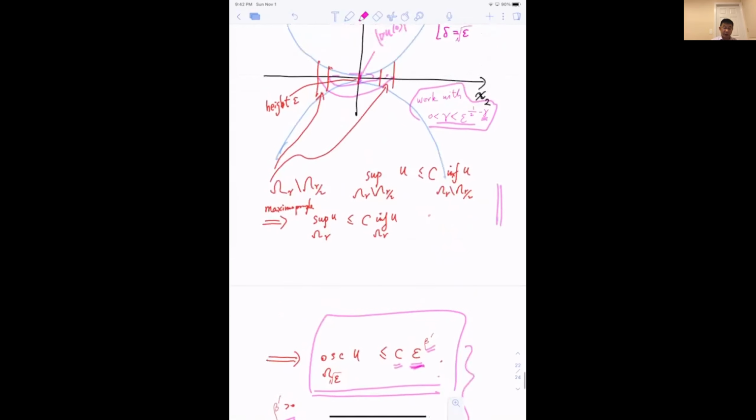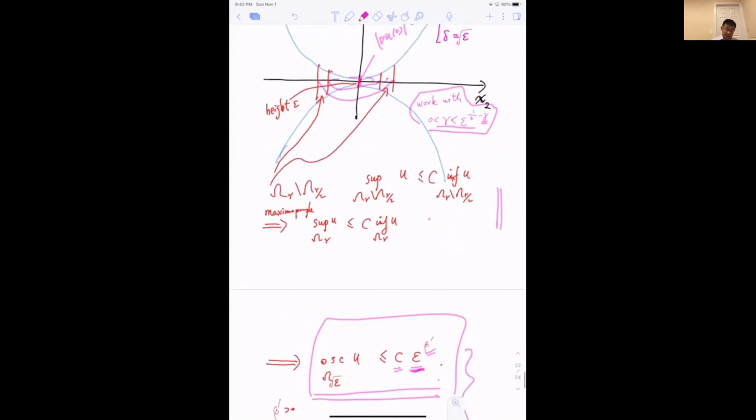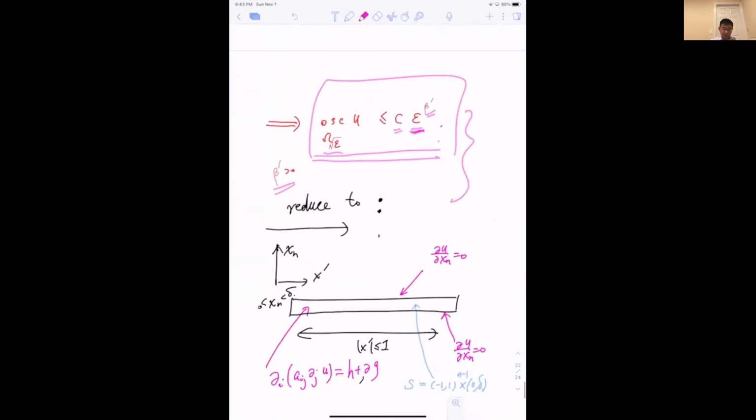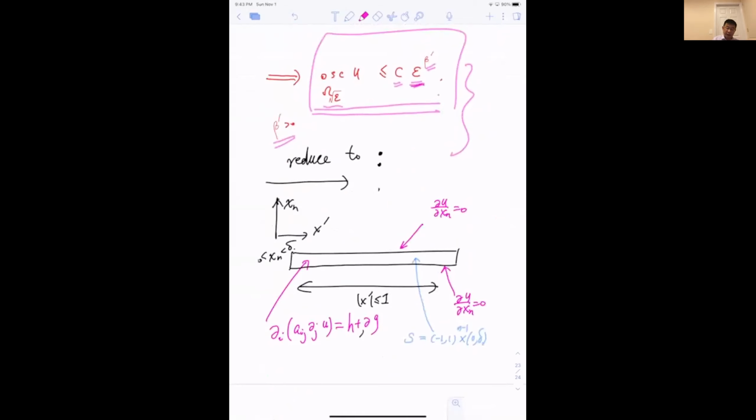We make a transformation to a shell like that, where x prime is of size 1 and the height is some delta. I think for this case, delta will be root epsilon. So we are going to have a flat shell.